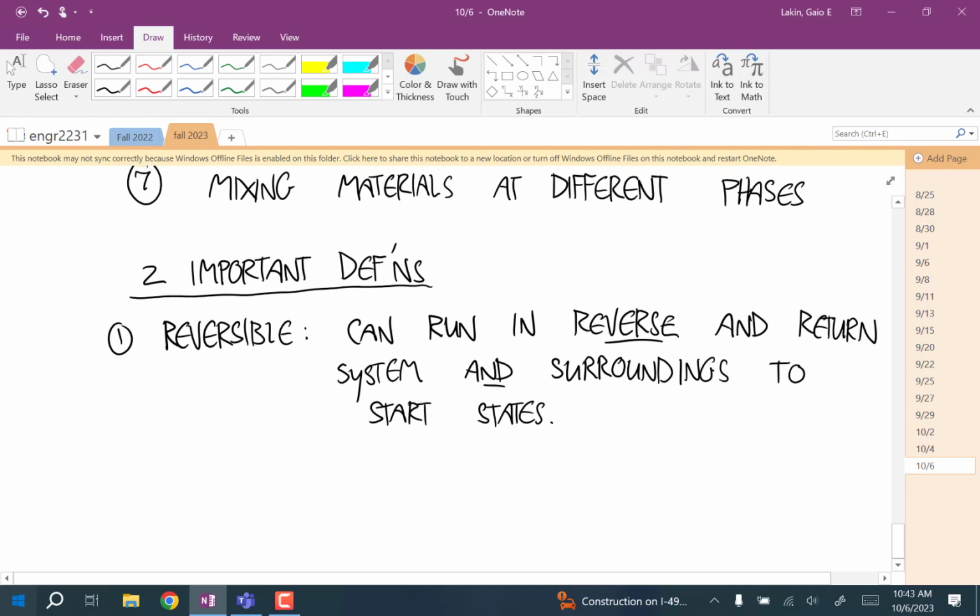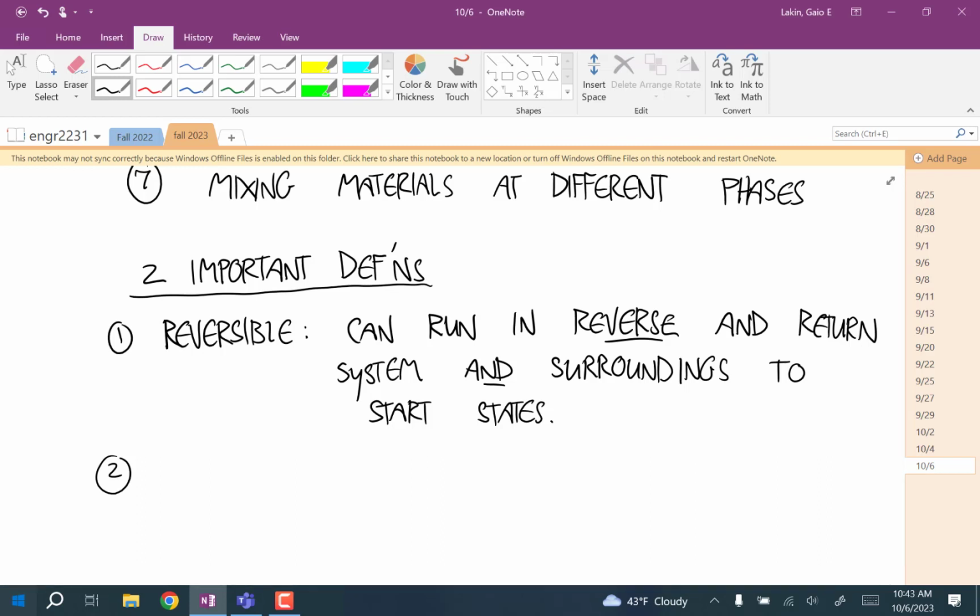Another thing that's going to be important to us is, what does it take for something to be reversible? It takes there being no irreversibilities in the surroundings or the system. If your system doesn't have any of those irreversibilities in it, electricity going through resistors and all those 7 things, then we call it internally reversible.